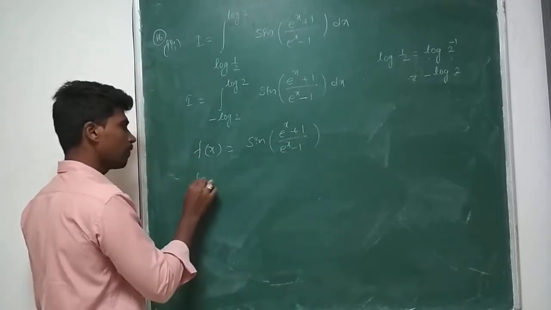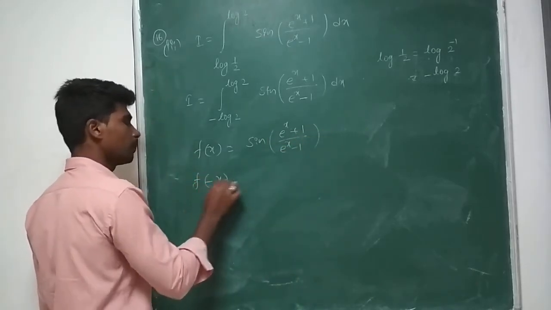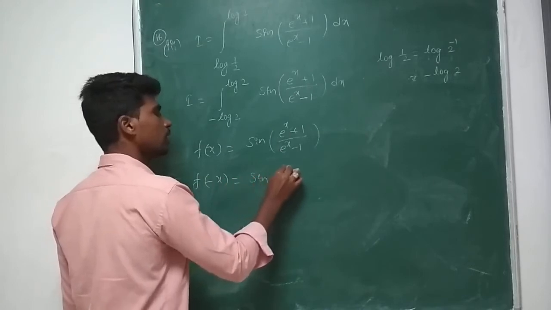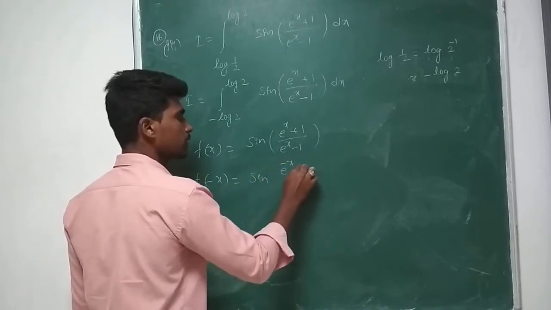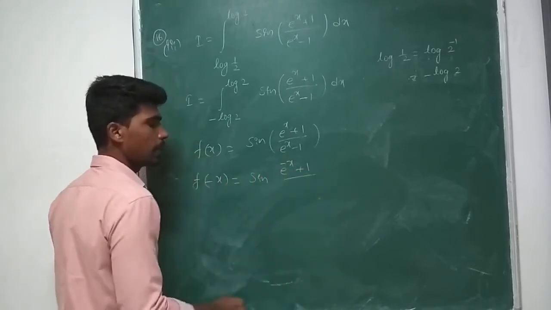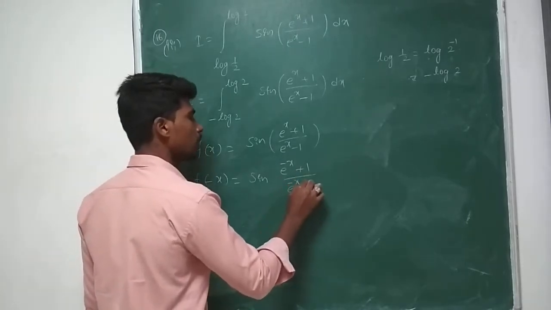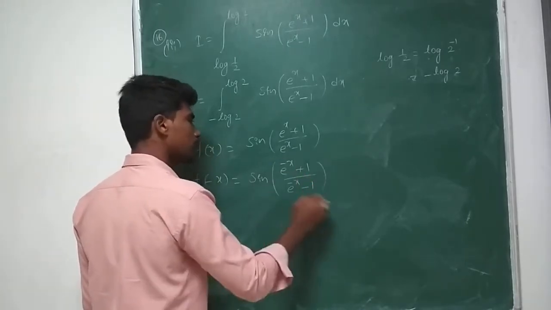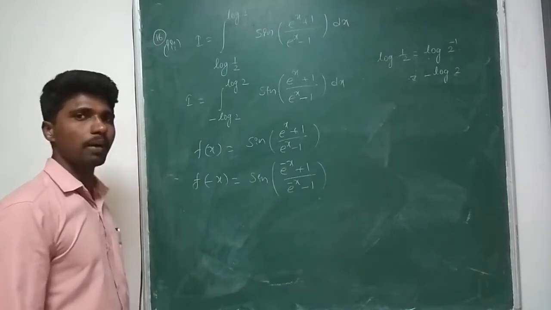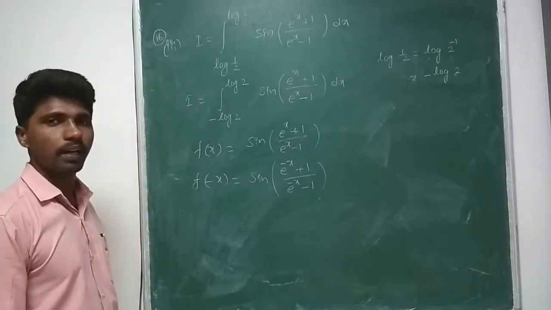So now f of minus x is equal to sin of (e power minus x plus 1) by (e power minus x minus 1).